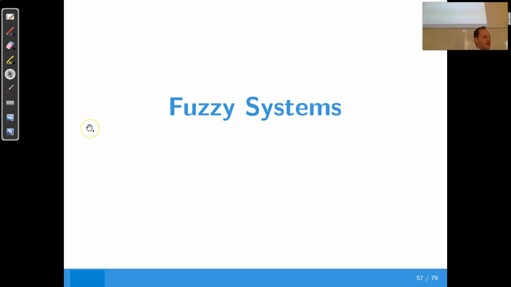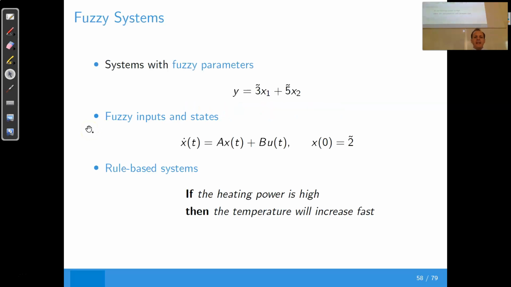let's just examine, and then we have a break, a fuzzy system. So we can define different examples, different prototypes of fuzzy systems. There are three main fuzzy systems that we consider, but we are working with just one of them.